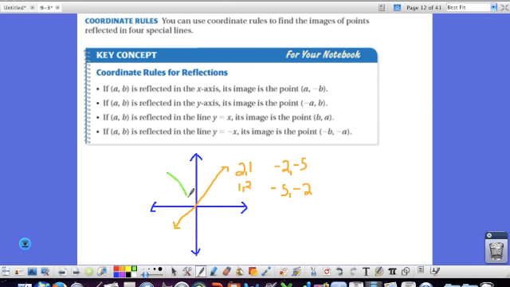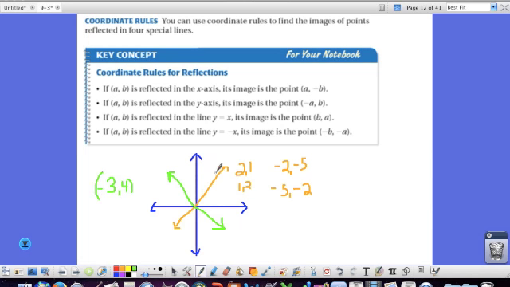Now, let's say if you reflect over the line y equals -x. Sorry, that's not straight. But that's basically that line. That's what it should be, a straight line. Now you're going to have A and B, and you're going to go to their negatives. So let's say you had here -3, 4.